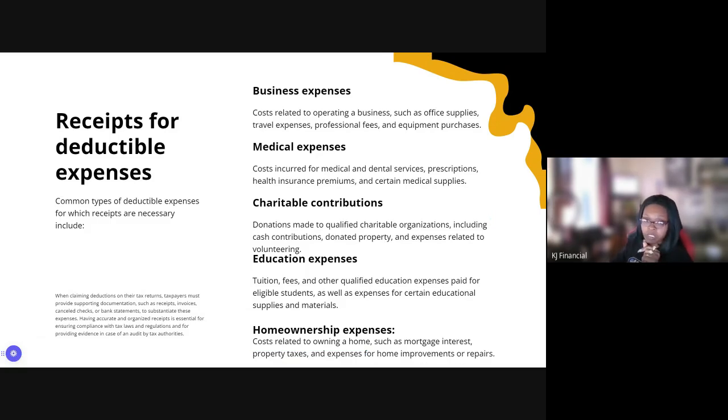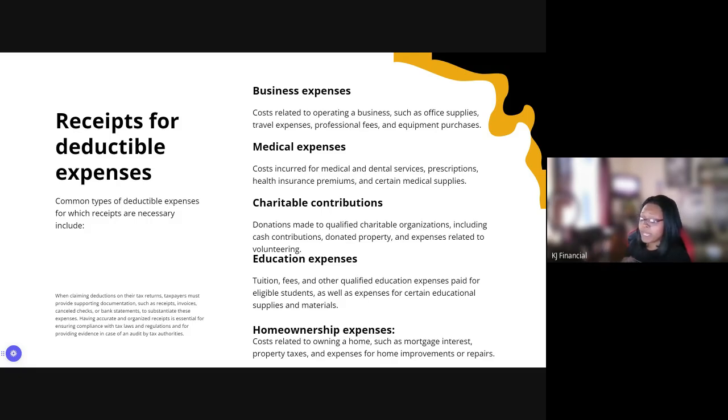All right, so the receipts will be your business expenses, like your office supplies, your professional fees. When they say professional fees, it's more like your licenses. Licenses as far as like cosmetology, notary, if they are truck drivers, their CDL license, if they have to do their business license every year, their LLC, things of that nature as far as their professional equipment purchases.